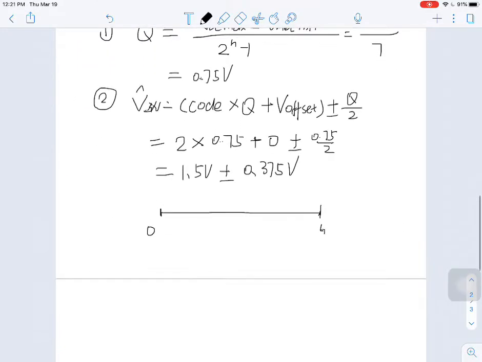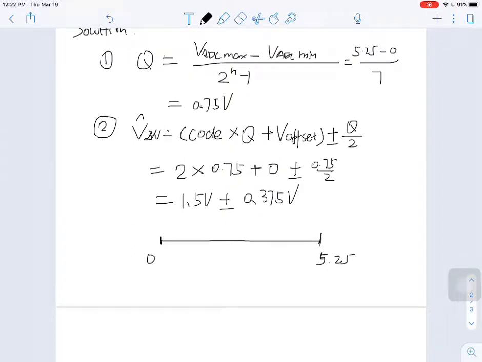Let's say, for example, 5.25, and this is a binary 3 bits, so you can divide this into 8 intervals, and each interval represents a binary code, 000, 001, and all the way to 111.